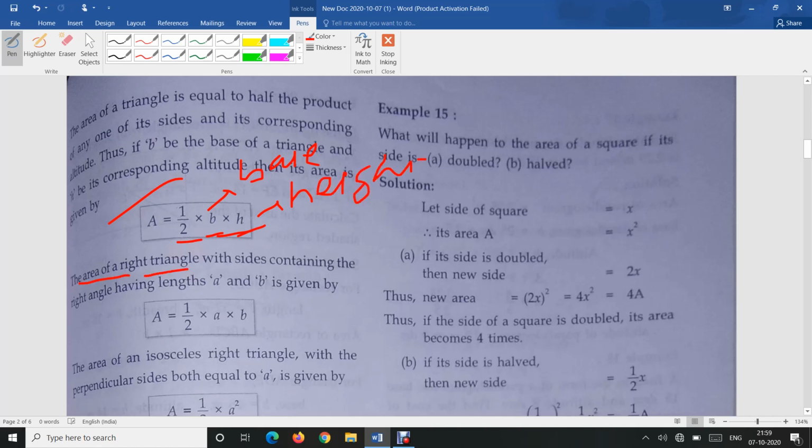The area of a right triangle: suppose you have a right triangle A, B, C with sides containing the right angle having length A, that means this side, which is of 90 degrees, is A centimeter, and the other is given by length B. Then area of triangle will be equal to half multiplied by base multiplied by height.